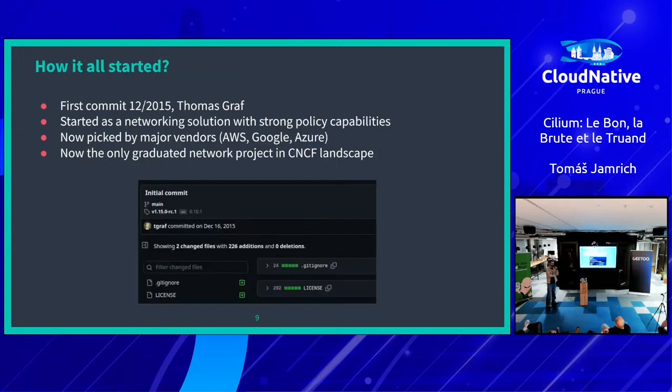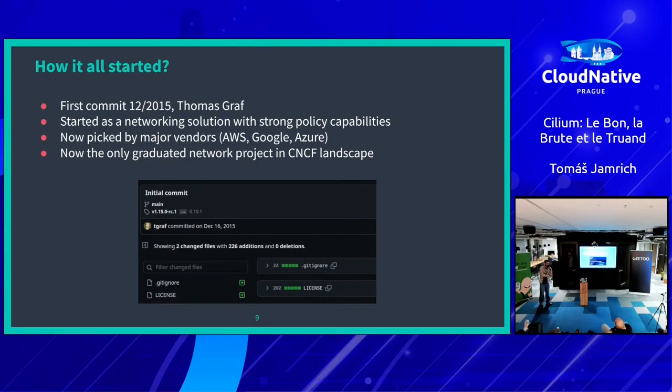How it all started. The first commit to the repository was done by the CEO, CTO, or the owner of the company Isovalent, Tomáš, in December 2015. For a few years the tool was pretty unnoticed, but in the last 3 or 4 years it has basically skyrocketed, and it was supported by the community.